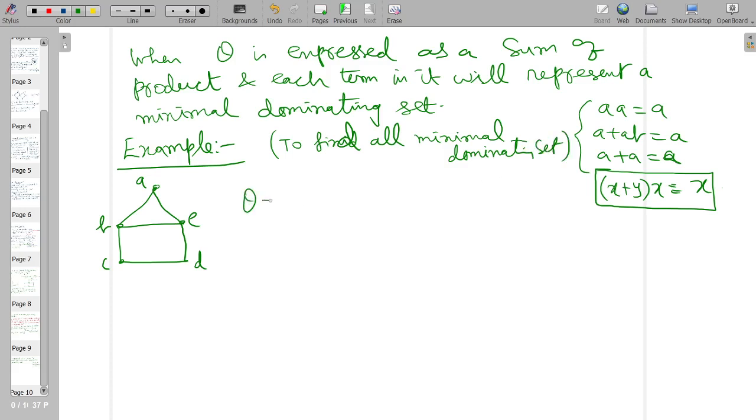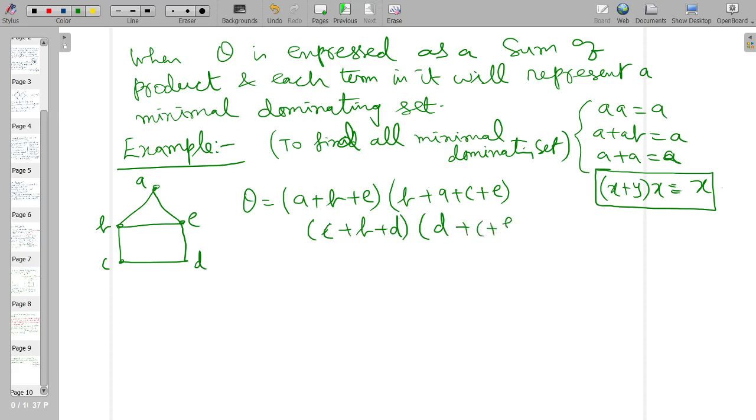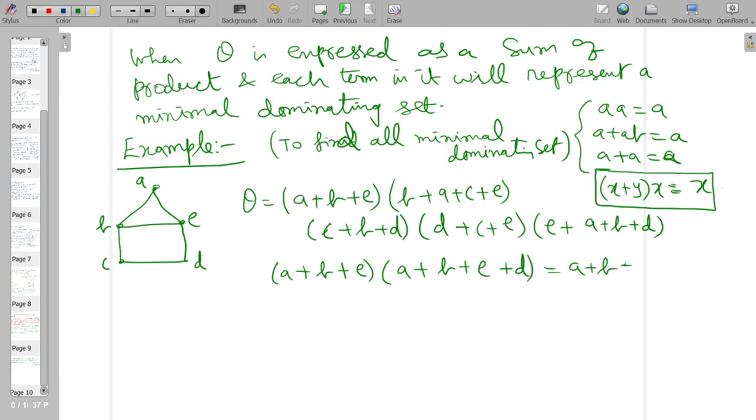So now I form theta, which will be (a plus b plus e) for a, and for b I'll have (b plus a plus c plus e), and for c I have (c plus b plus d), and for d I'll have (d plus c plus e), and for e I'll have (e plus a plus b plus d). Now if you look at this, (a plus b plus e) into (a plus b plus e plus d), this would be a plus b plus e.